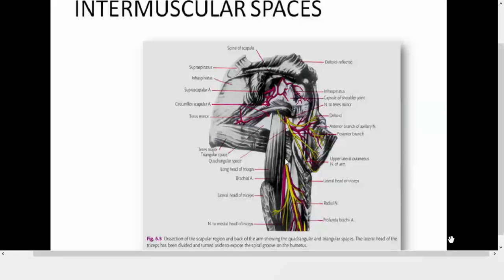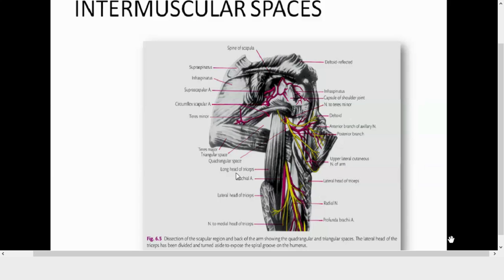Now see what is passing through this lower triangular space. One nerve is passing, and some blood vessels. Which nerve is coming from the anterior aspect, passing through this space and entering the posterior compartment of the arm?